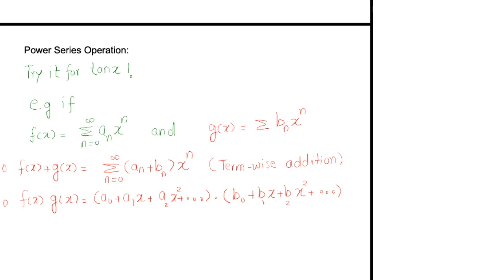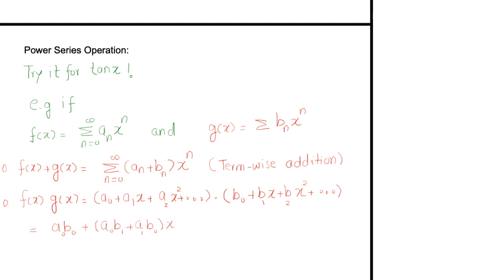Now we can see that the first term will be constant a naught b naught. The second term is a naught b1 x, and similarly a1 b naught x. So we can common out x.